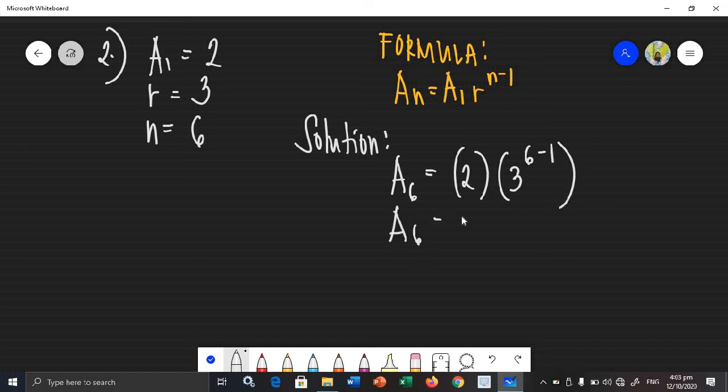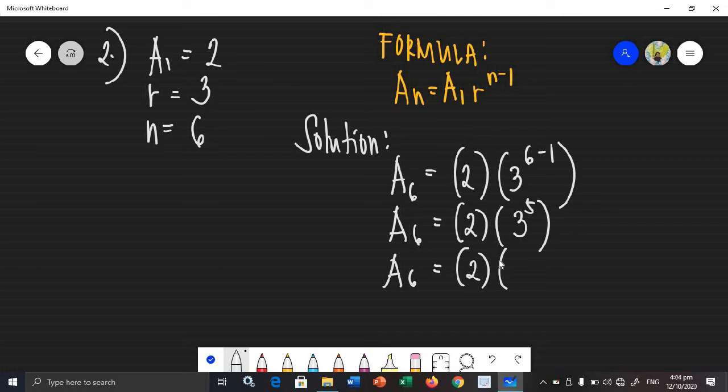A sub 6 is equal to 2 times 3 raised to 6 minus 1, that is 5. A sub 6 is equal to 2 times 3 raised to 5, which is 243. You can just simplify this using your scientific calculators. I'm not going to manually compute for that.